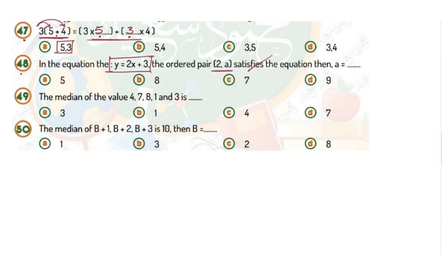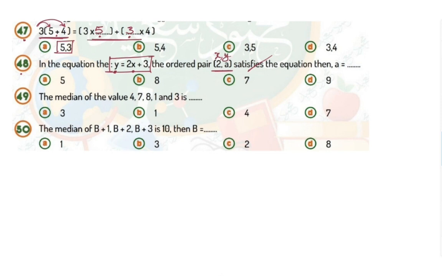That means 2 and a can satisfy this equation. We have two variables here, y and x. Which one is x and which one is y? Of course, the first number here is the independent variable. Where is the independent variable? X. So 2 is x and a is y, the dependent.